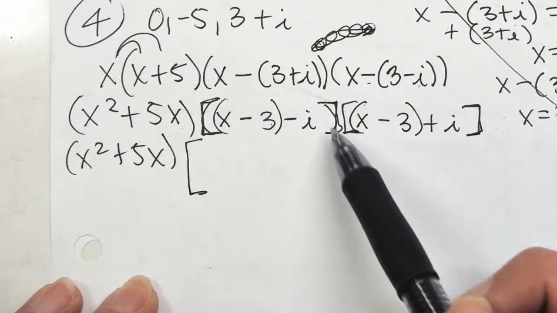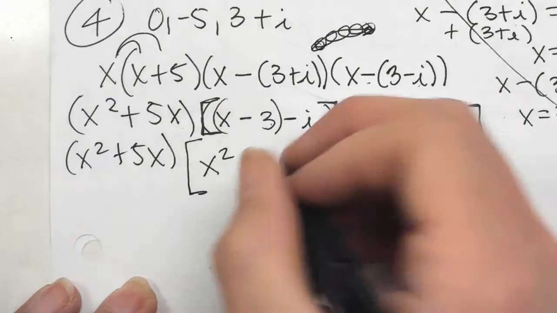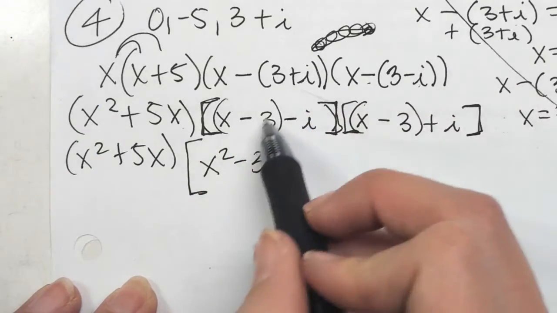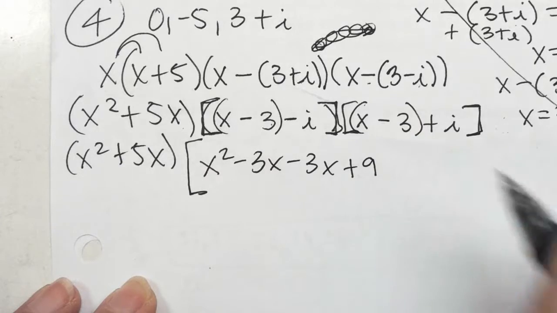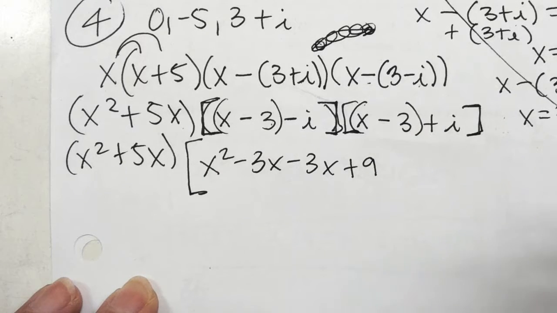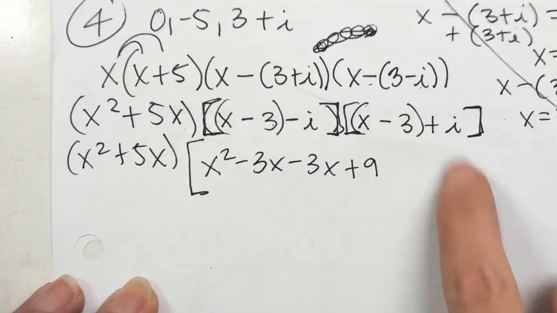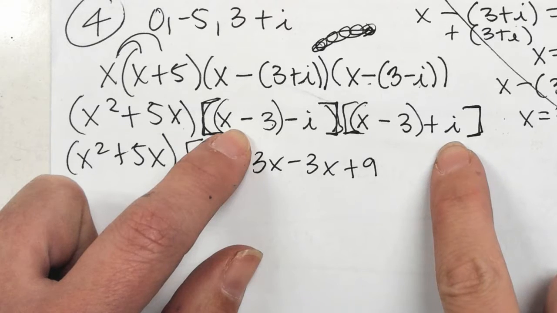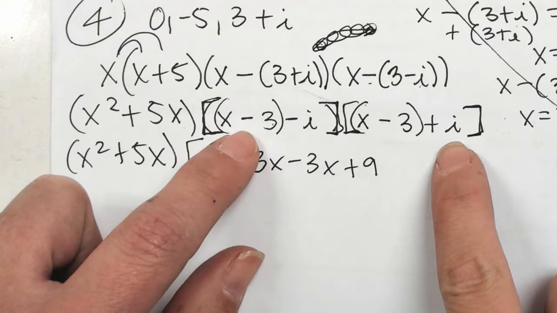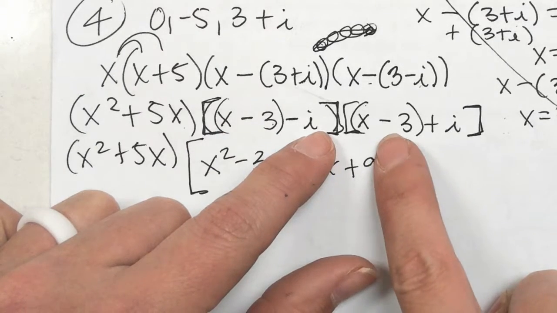My first terms are going to give me what? My outer terms? Good. My inner terms? Good. My last terms? Good. Alright, so we just did our first terms. Our outer terms is going to be x minus 3 times i, correct? Don't write this down. My inside terms are going to be negative i times x minus 3.